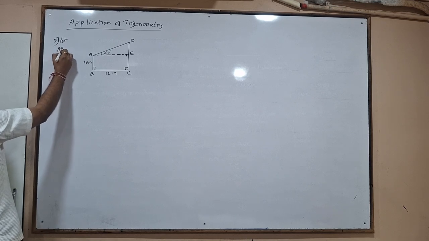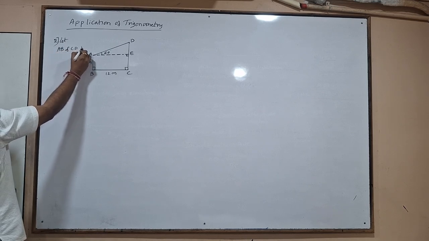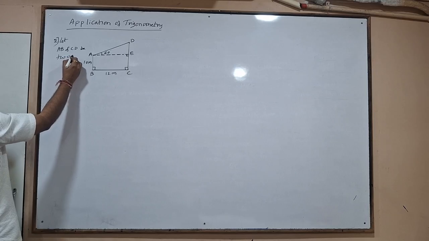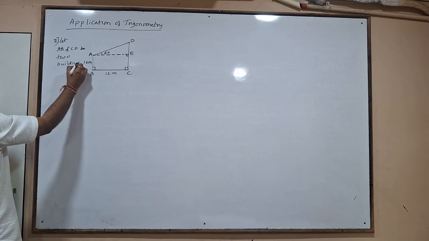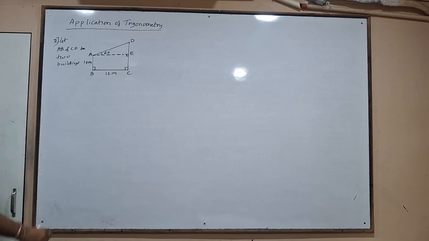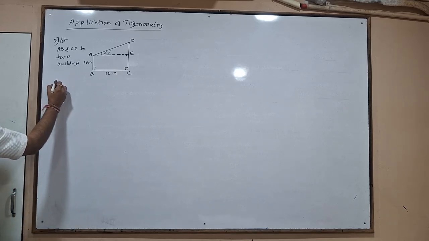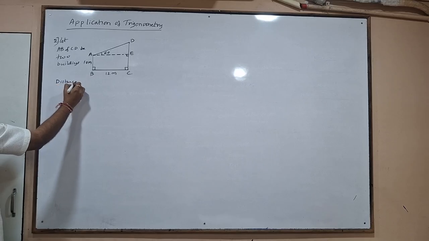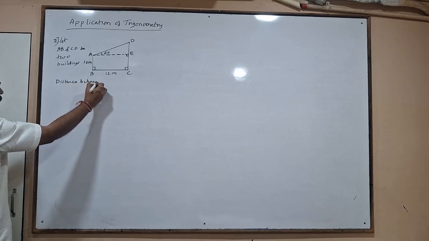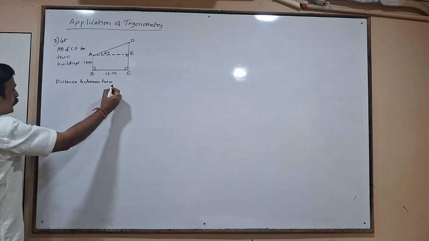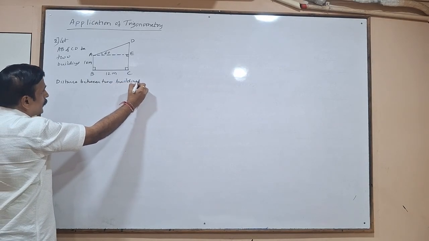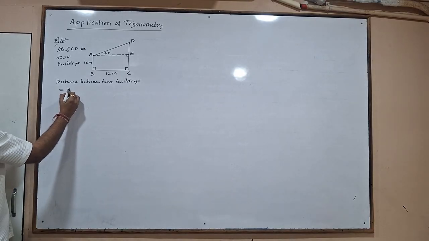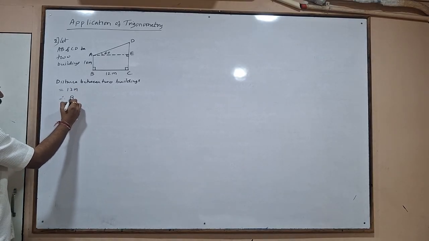So let us explain what all things we have considered. Let AB and CD be two buildings. The distance between the two buildings is equal to 12 meter.